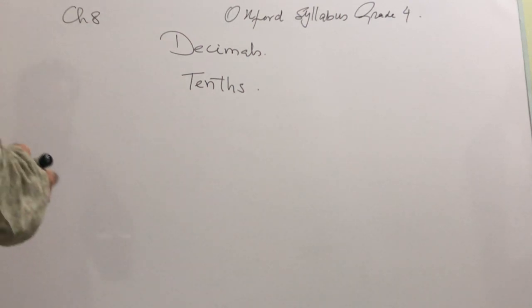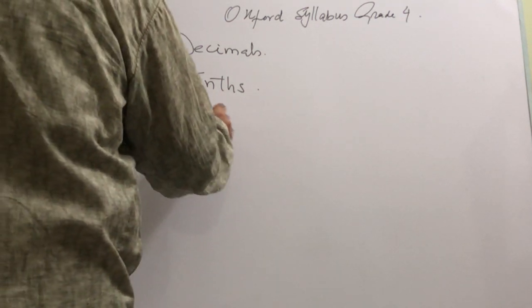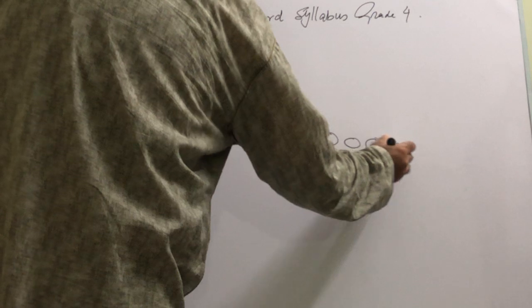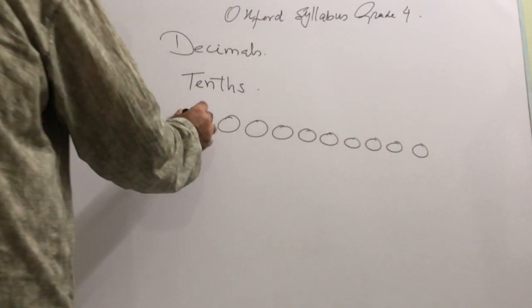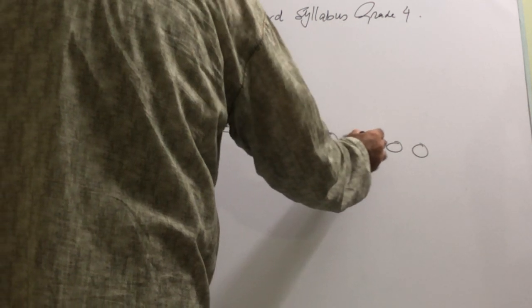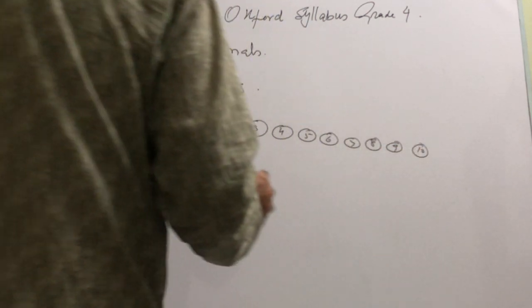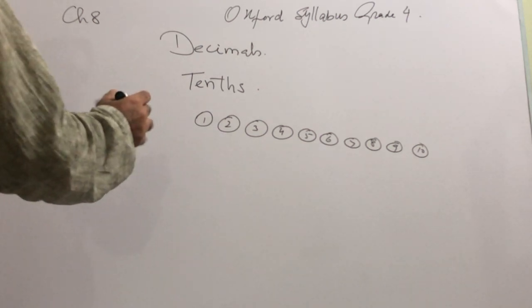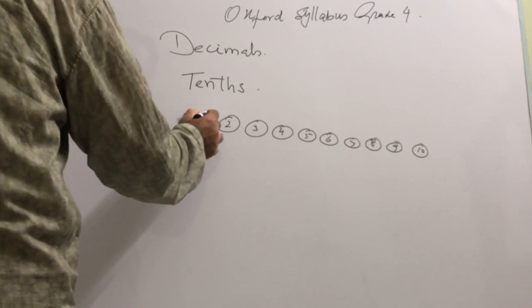Let's suppose there are 10 balls, 1, 2, 3, 4, 5, 6, 7, 8, 9, 10 balls. If you get only one ball out of it, this is yours.